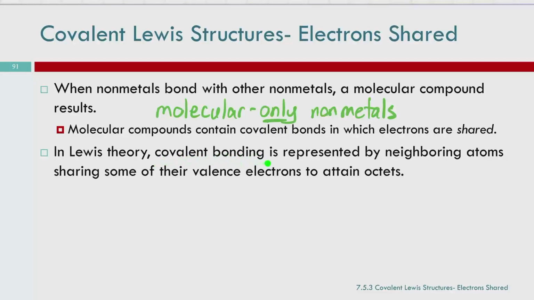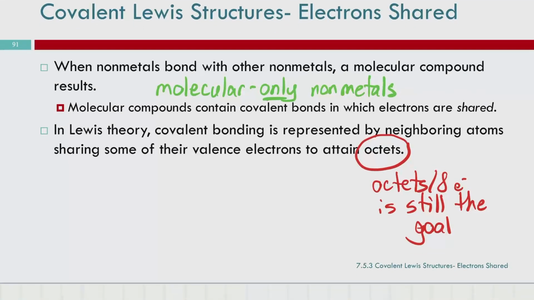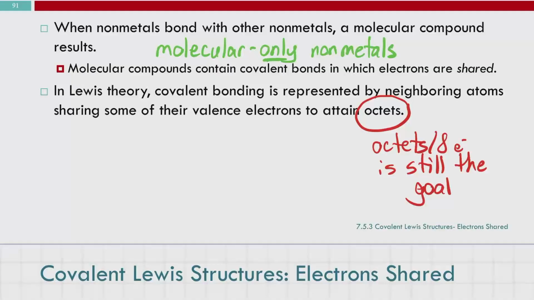Covalent bonding is represented by neighboring atoms sharing some of their valence electrons, again with the goal of octets. So this is still the goal. We are still going for 8 valence electrons. It's just a little bit of a different mission because we're sharing.